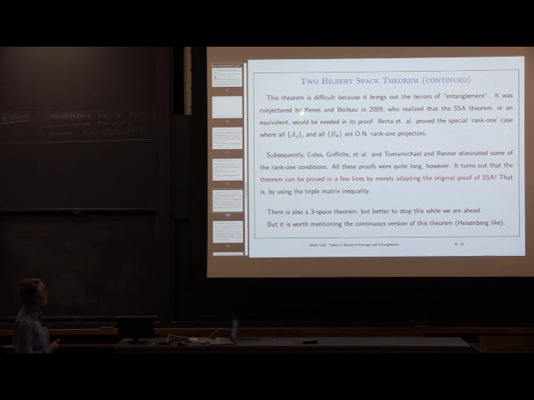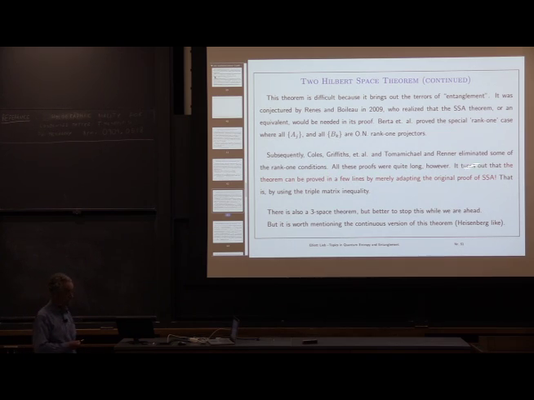It was conjectured by Renes and Boileau in 2009, who realized that the strong subadditivity theorem or some equivalent would be needed. Berta et al. proved the special rank 1 case, where all the A's and B's are just orthonormal rank 1 projectors. Then Coles, Griffiths, that's Bob Griffiths, and others, and Tomamichel and Renes eliminated some of these conditions.